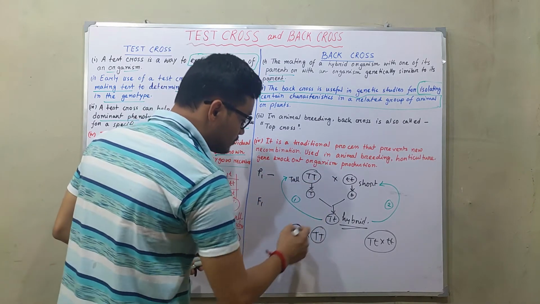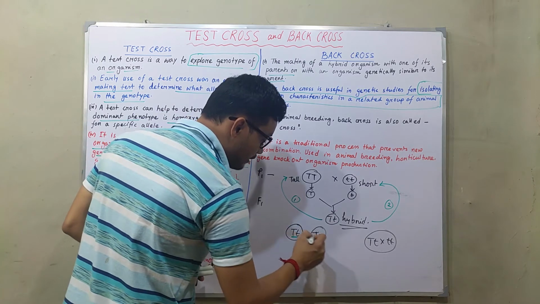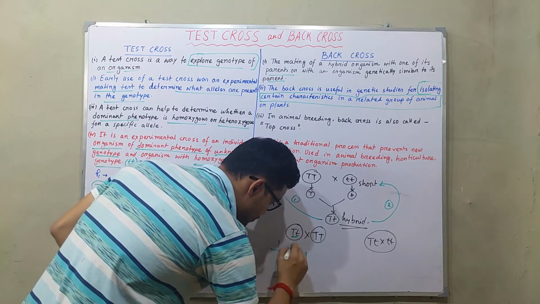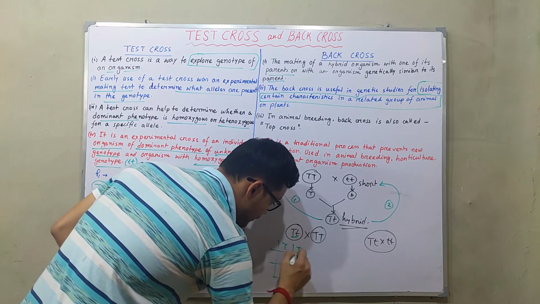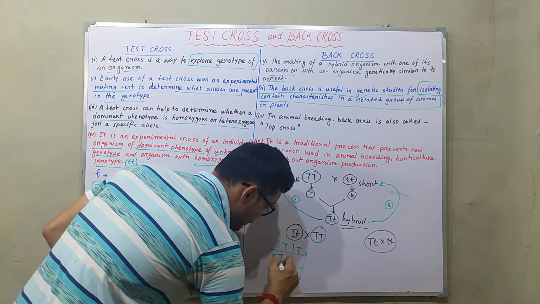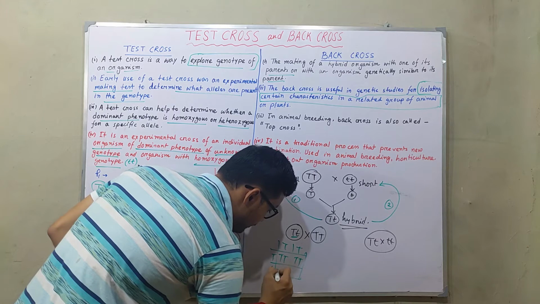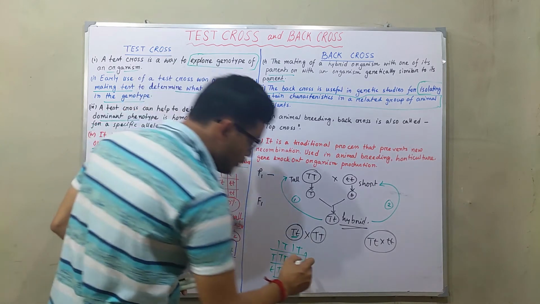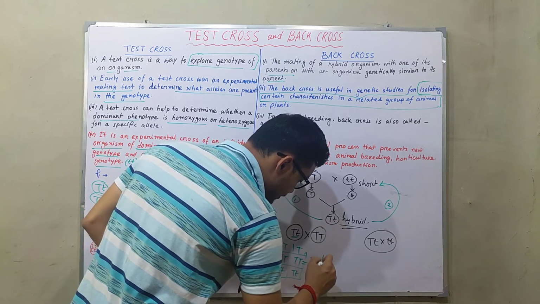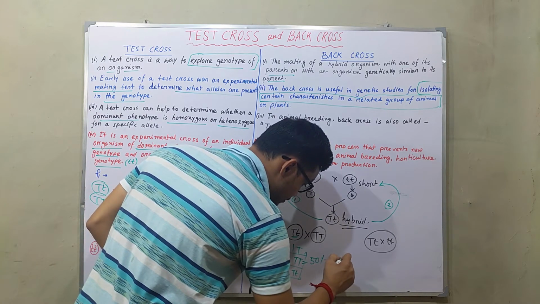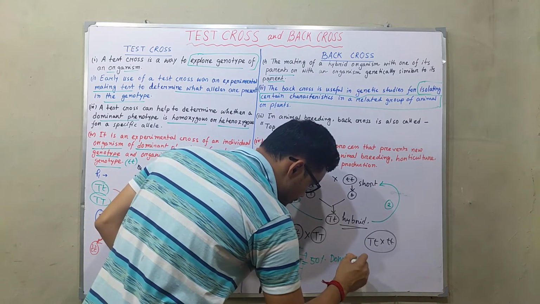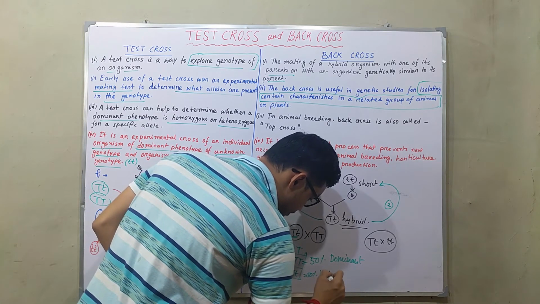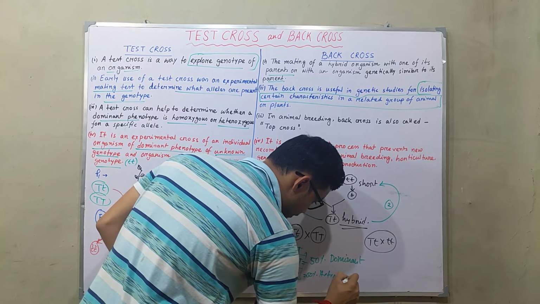Okay, so whenever we cross capital T small t with capital T, we get a Punnett square. So capital T small t, capital T capital T, small t, capital T small t. So we get 50% homozygous dominant and 50% heterozygote.